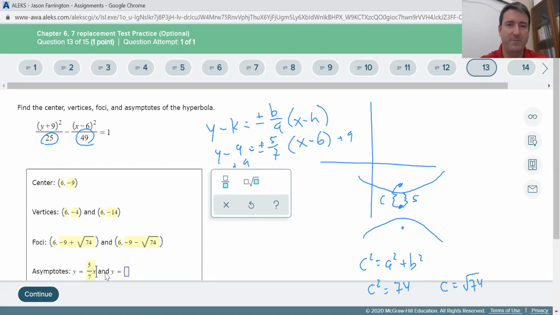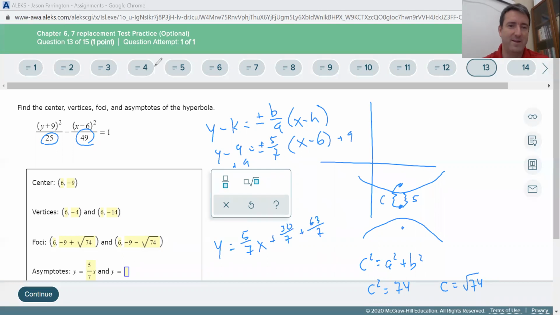So we've got y is equal to 5/7 x. 5/7 times 6 is 30/7 plus 9, which is 63/7. That's going to be what, 93/7.